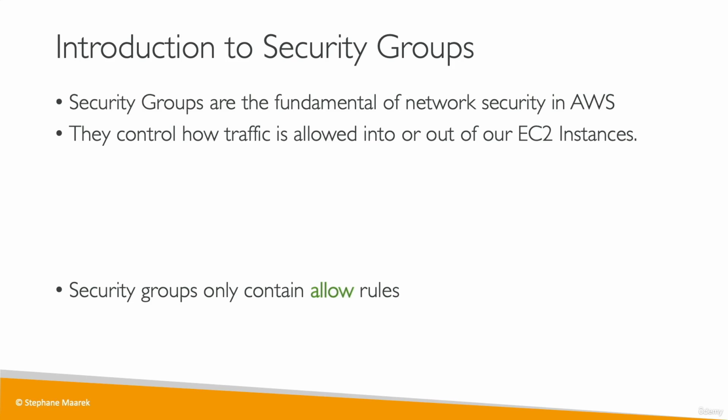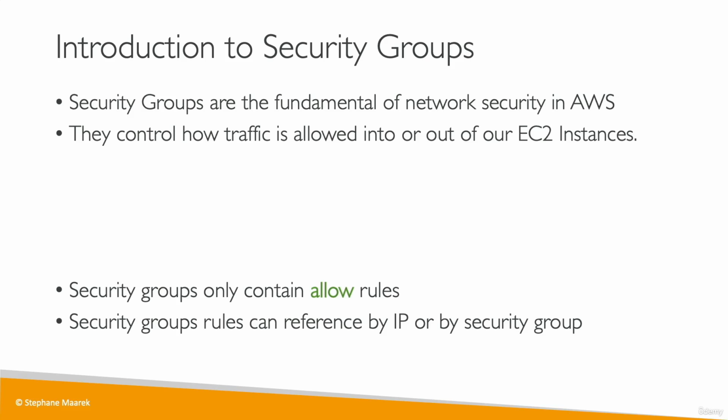Security groups can have rules that reference either IP addresses, so where your computer is from, or other security groups. As we'll see, security groups can reference each other. So here, let's take an example. We are on our computer, on the public internet, and we're trying to access our EC2 instance from our computer.